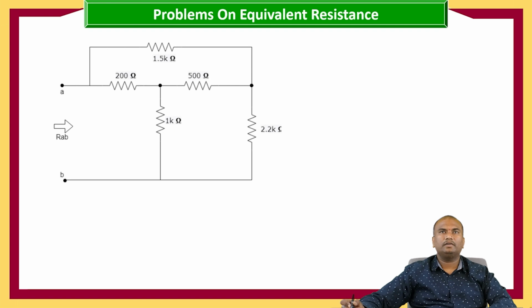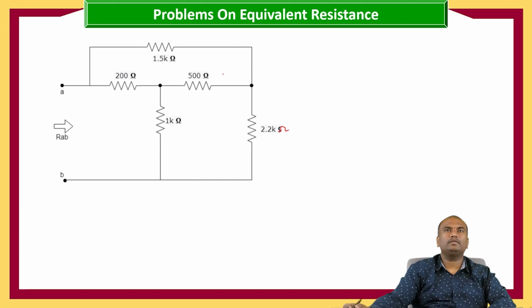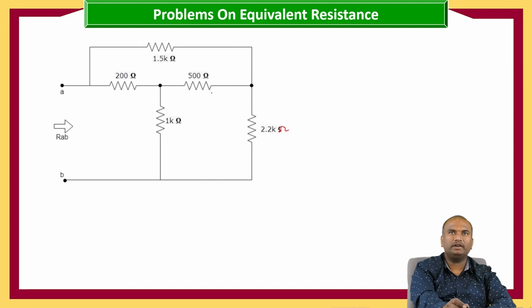The next problem is here. This is the circuit which is given. Till now, whatever the problems we have discussed, we have gone with delta to star transformation. Here we are going to do star to delta transformation. So here we are having two stars.